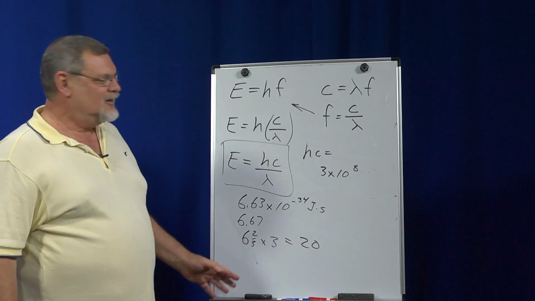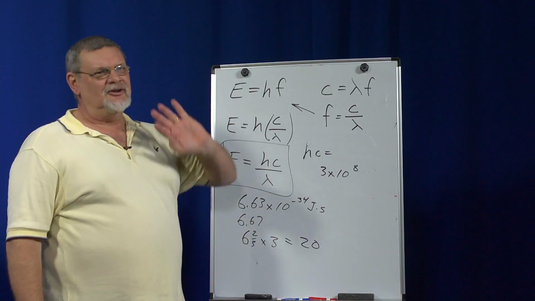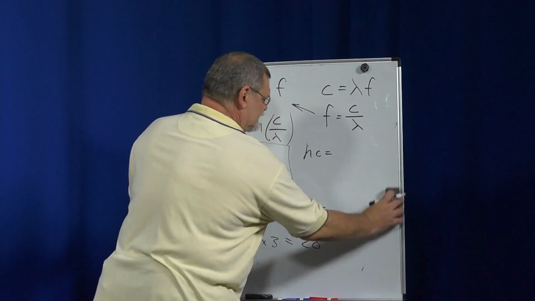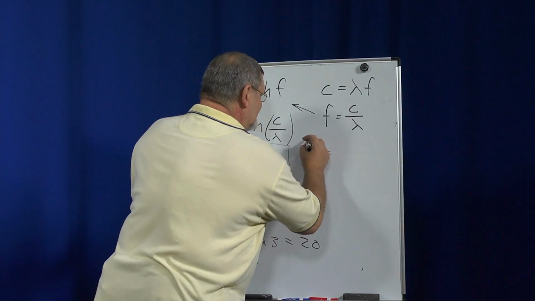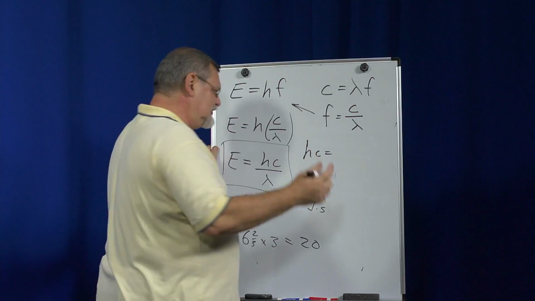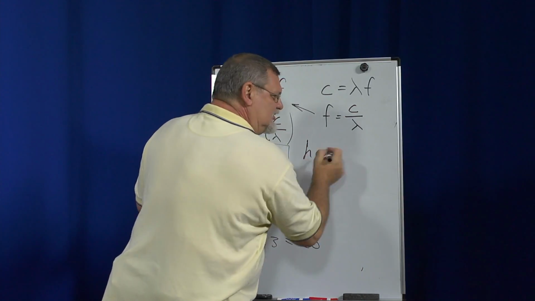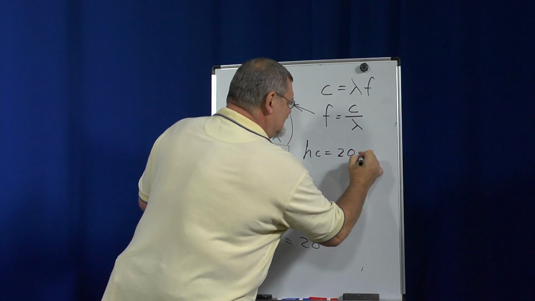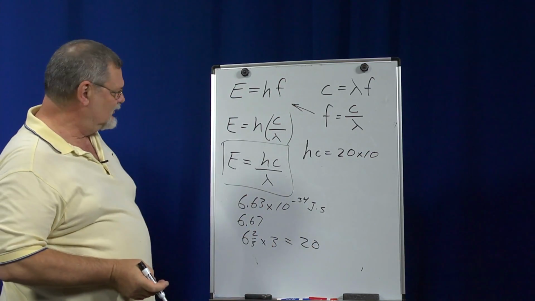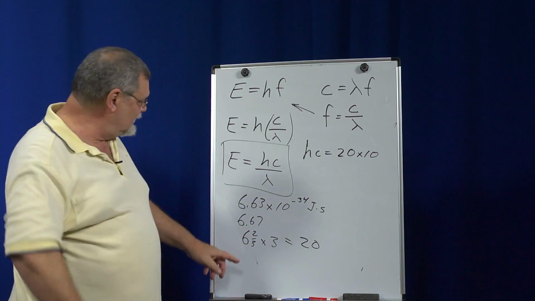All right? Hey, 20 is close enough. Just use 20. So for hc, you can use, and this is not scientific notation, but that's okay, because, well, you'll see in a second. So for hc, the product, you can use 20 times 10 to the, remember in lab, we worked with powers and such.